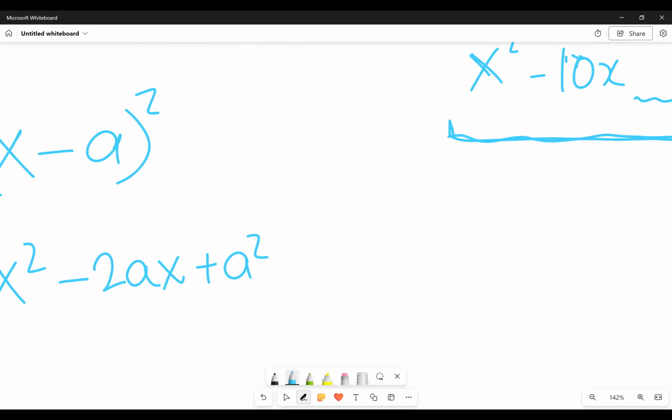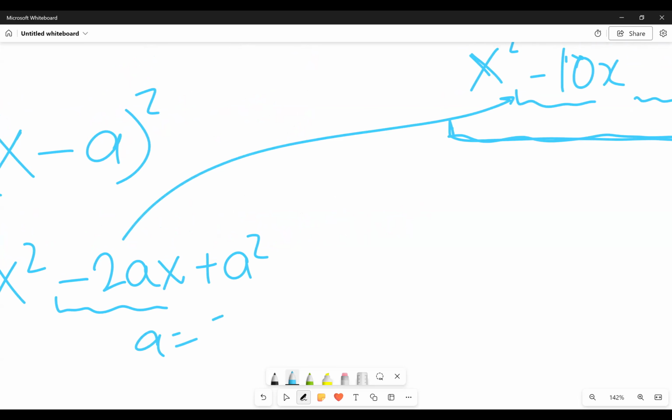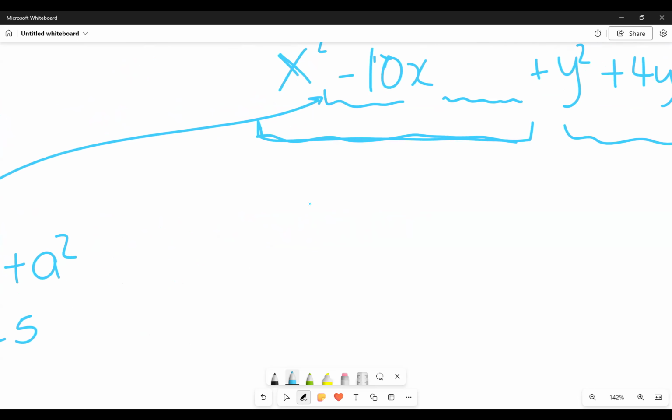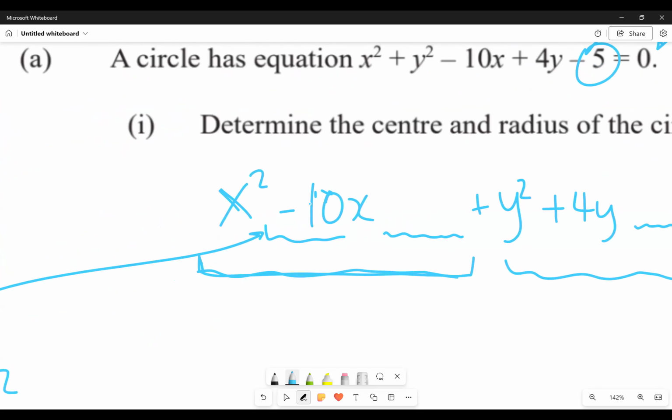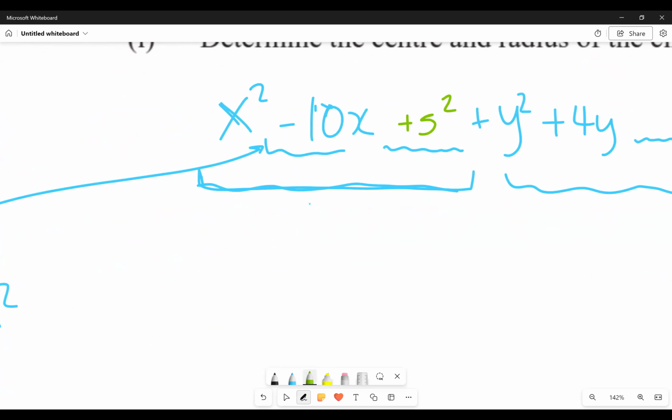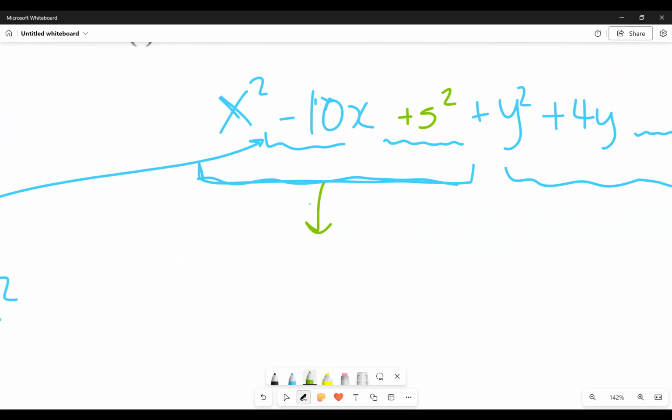So if negative 2ax is the same thing as negative 10, then a has to be 5, right? That means what should be here is 5 squared, so this can be written as x minus 5 squared.